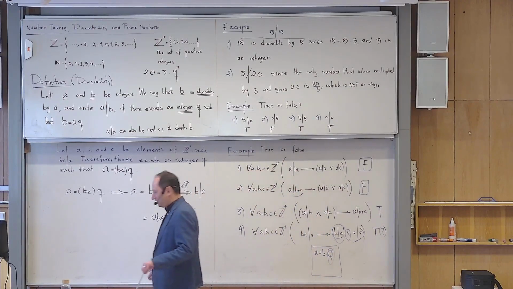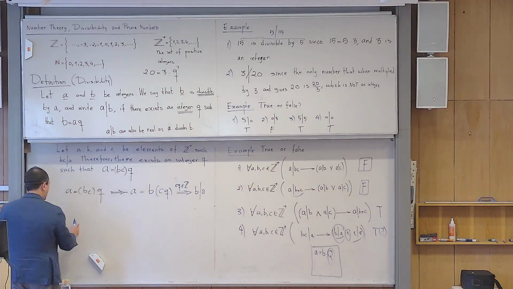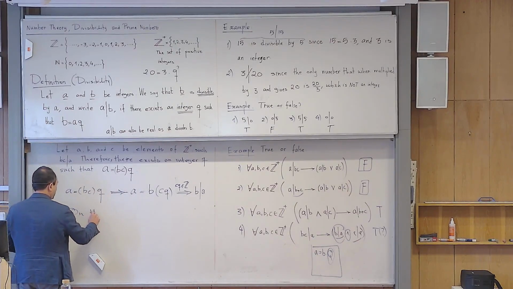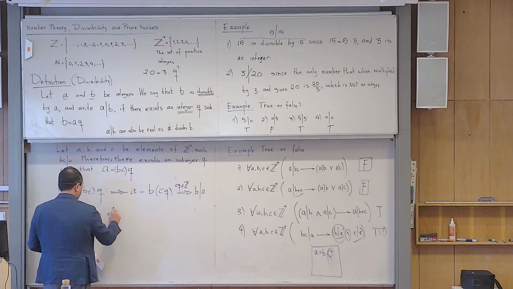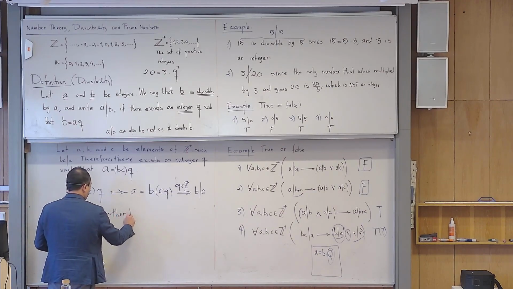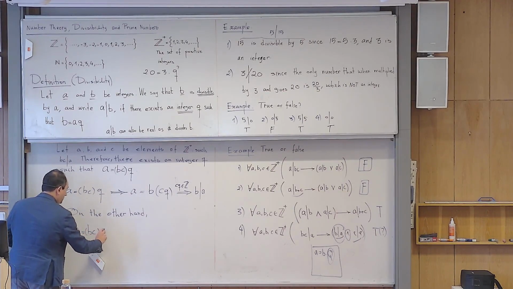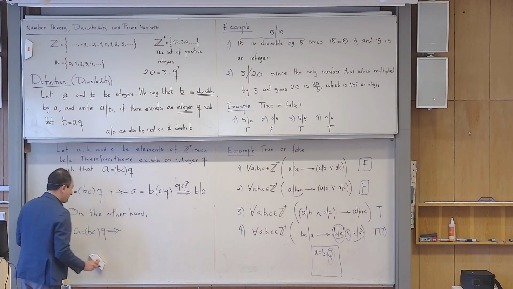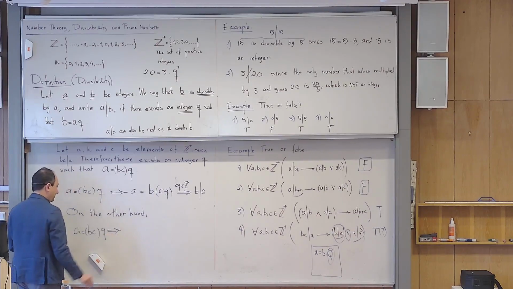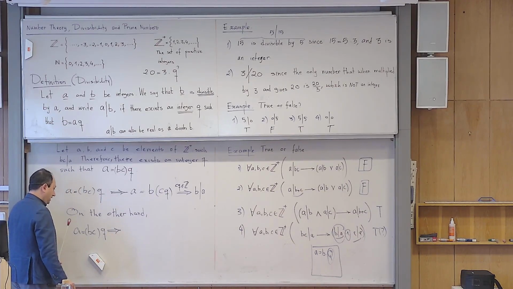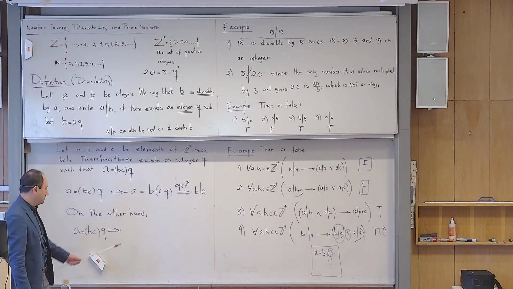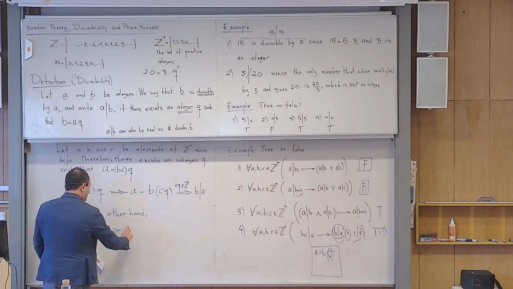A is equal to C. Okay. So I would say that, on the other hand, A equals BCQ implies, now everyone, what do you think I will write here? What should I write here? A is equal to what?